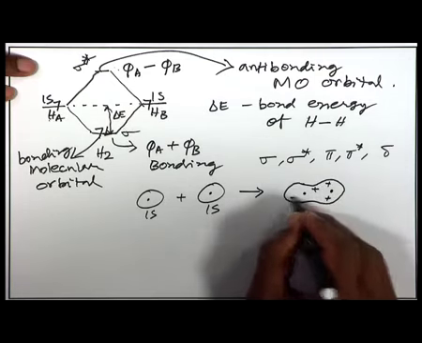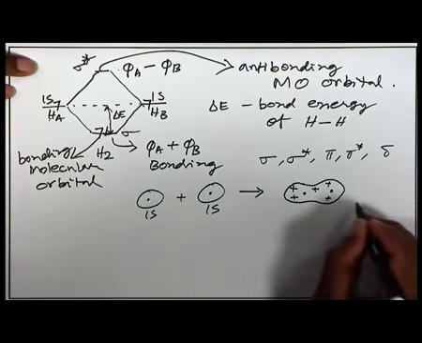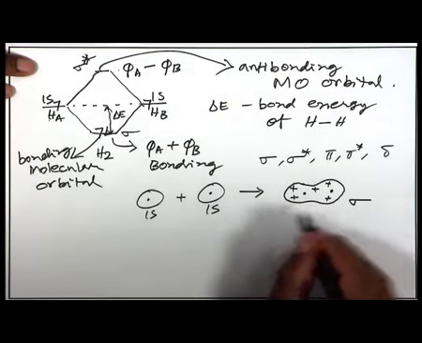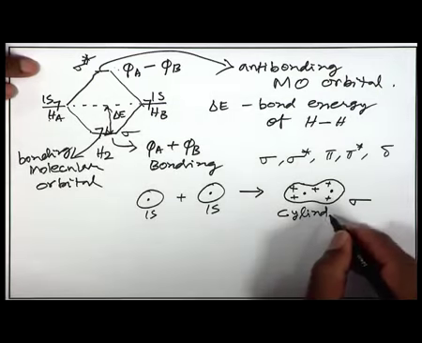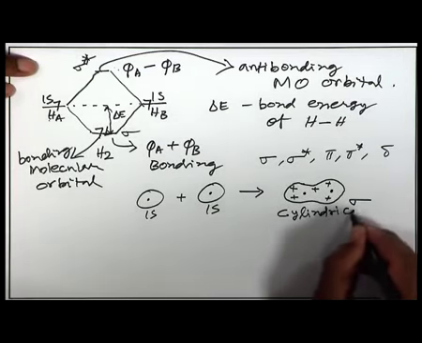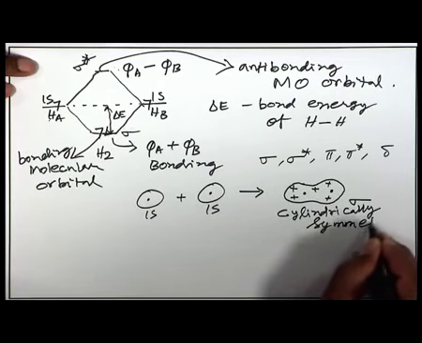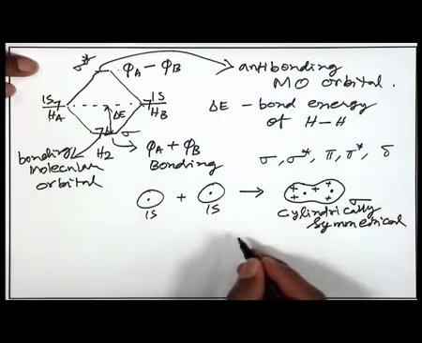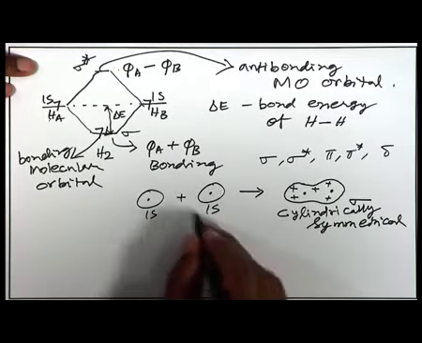The sign of the wave function is positive. So this is called a sigma orbital, which is cylindrically symmetrical about the internuclear axis. So, this is one combination.